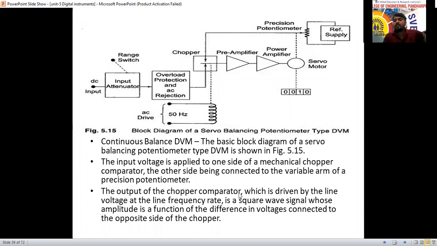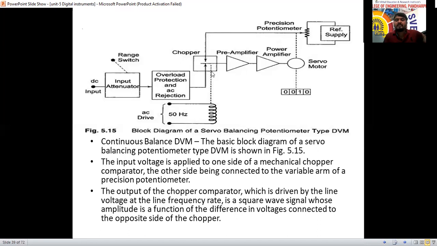The output of the chopper comparator is driven by the line voltage. The mechanical chopper is the driven part, so it is driven by taking the external supply. The output of the chopper comparator, driven by the line voltage at line frequency, that is 50 Hertz, is a square wave signal whose amplitude is a function of the difference in voltage.